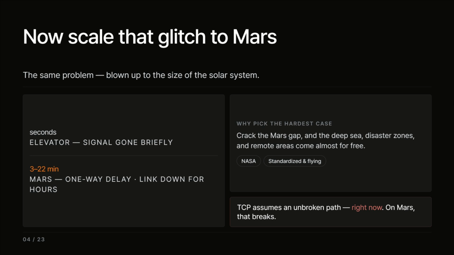If we can solve communication across the Mars gap, then applications such as disaster recovery, remote regions, or deep underwater in the ocean become much easier to handle. The key challenge is that traditional internet protocols assume there is a continuous path between the sender and the receiver. On Mars, that assumption just does not work. And that's why DTN exists.